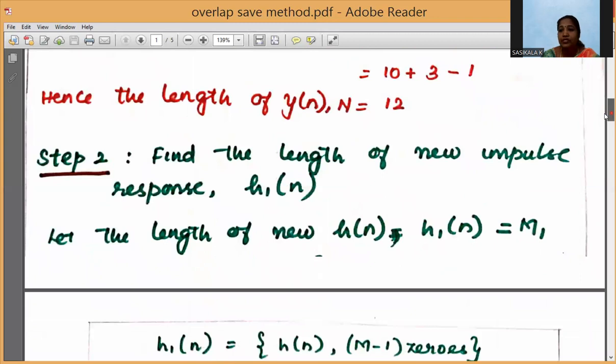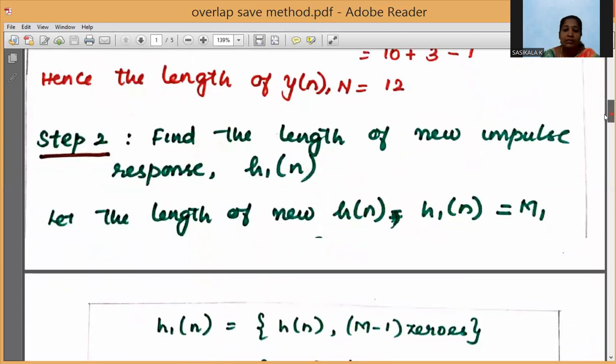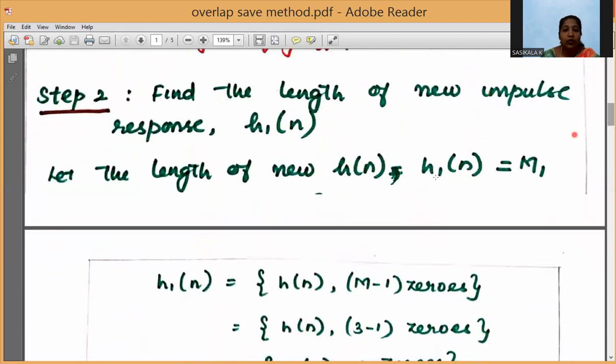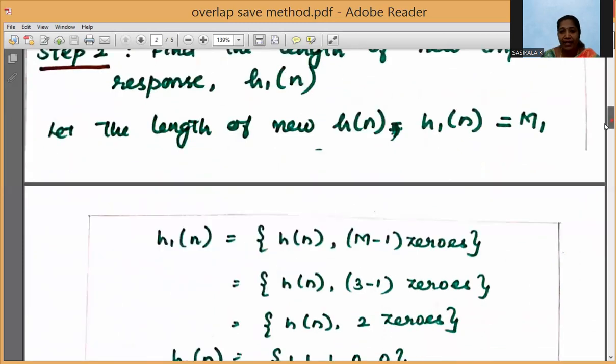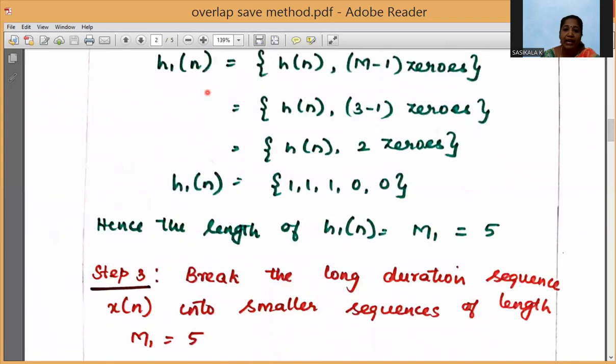Now, the next step is to find the new impulse response h1 of n. Let the length of the new h1 of n be m1. So how will we find h1 of n? h1 of n is equal to h of n, comma, m minus 1 zeros.